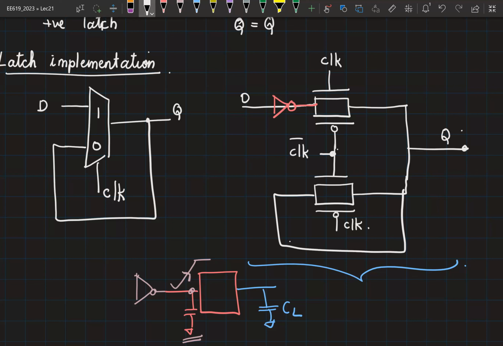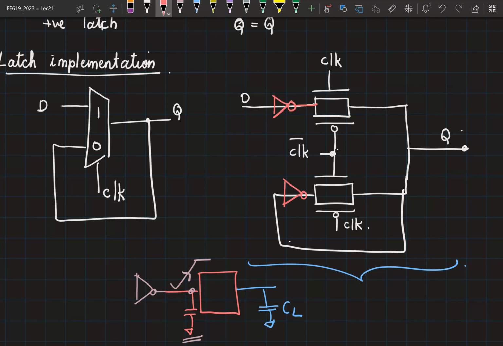So now when clock is equal to 0, what is the drive strength? So I add another inverter here to solve that problem. Is this okay?